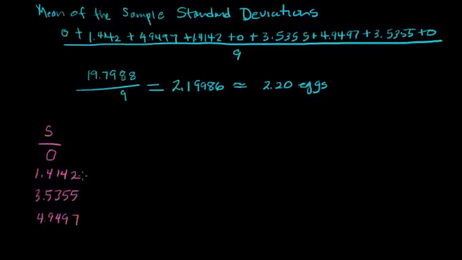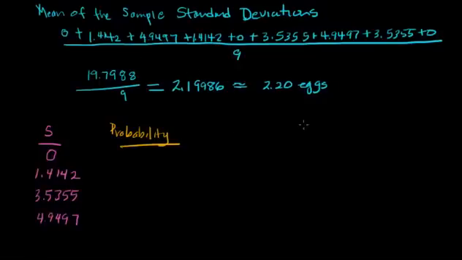Those are all the sample standard deviations from our entire population. So what was the probability that we get a 0 standard deviation?